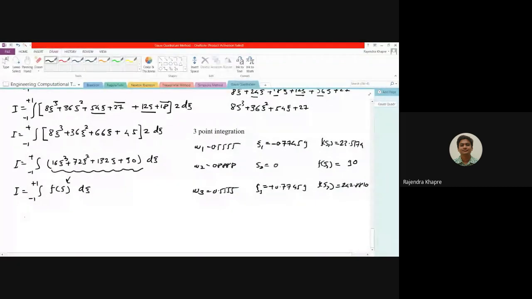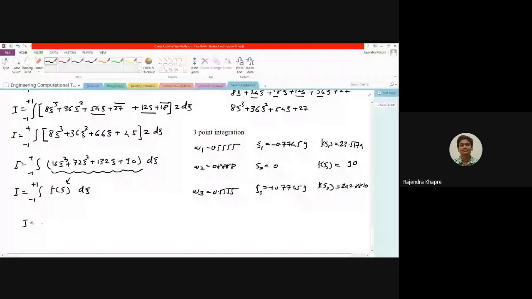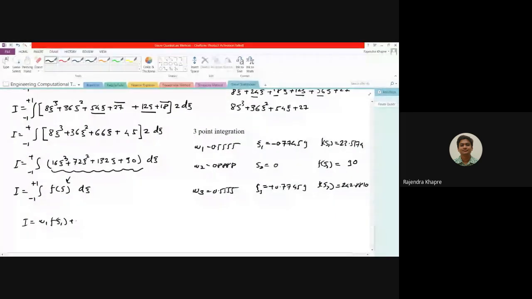Okay, so now you just have to go for I equals w1 f of xi1 plus w2 into f of xi2 plus w3 into f of xi3. You already know the values of w1, w2, w3, and f of xi1, xi2, and xi3.